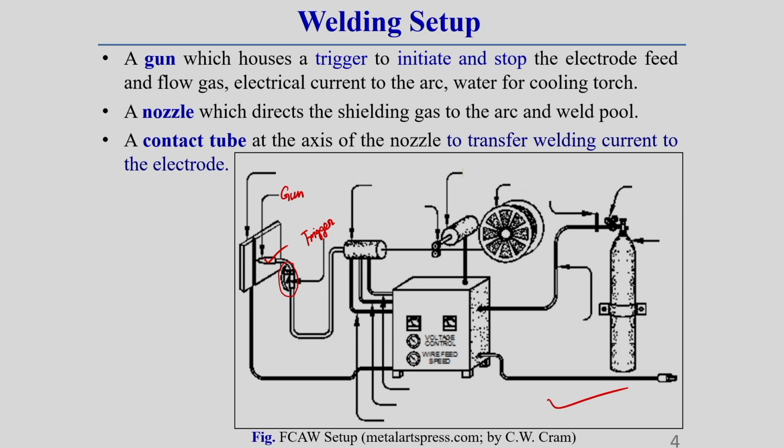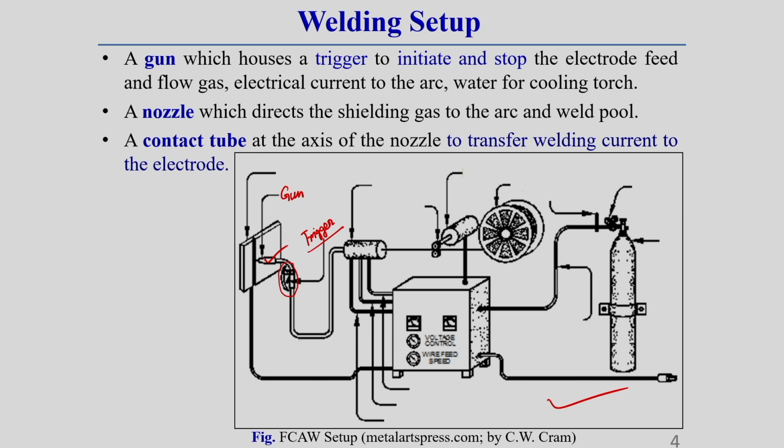Understand, this trigger has a very important application; it has a lot of functions. In this gun there is also a nozzle, which is used to direct the shielding gas to the arc and weld pool.